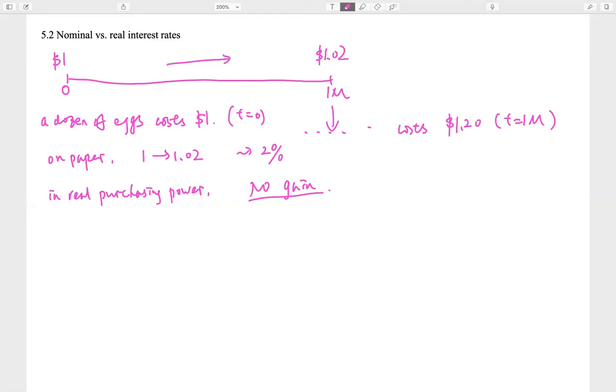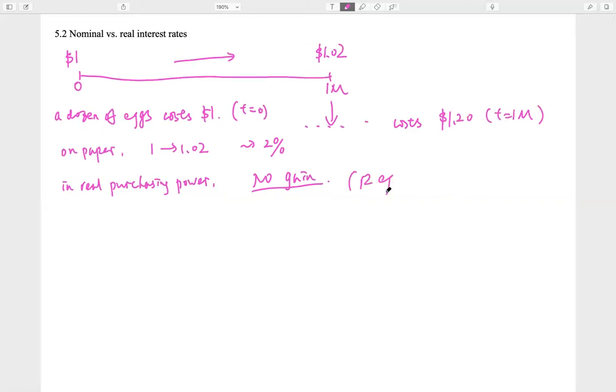It's a little over 10, right? So my purchasing power just went down from 12X to about 10X. So there is no increase in my purchasing power, right? Purchasing power is something we really care about because that is the real increase in my wealth, right? 2% is only the nominal increase.